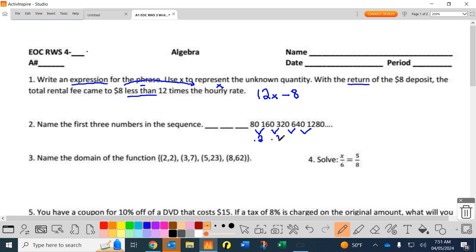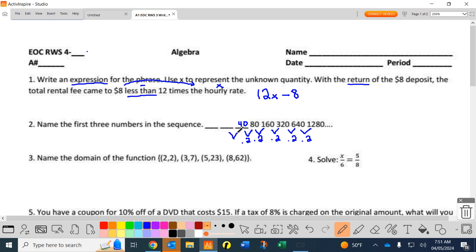So if you're multiplying by 2 every time, we need to go backwards to get to the smaller numbers that are in front. So we need to see what would happen right here. What would we have to do? Well, to go backwards, you do the opposite of the multiplication. So if we divide by 2, that would put us here at 40, because 40 times 2 is 80. Again, going backwards, you do the opposite.